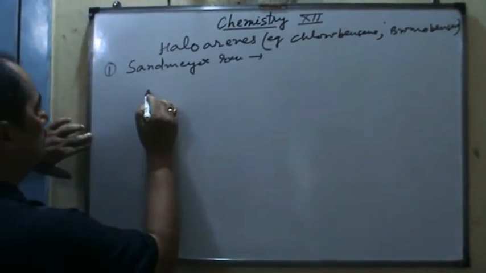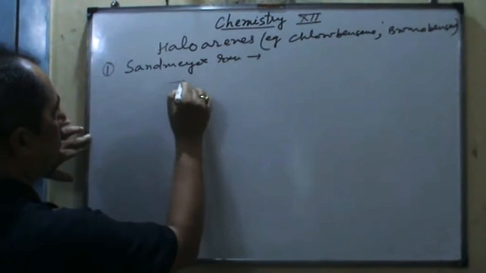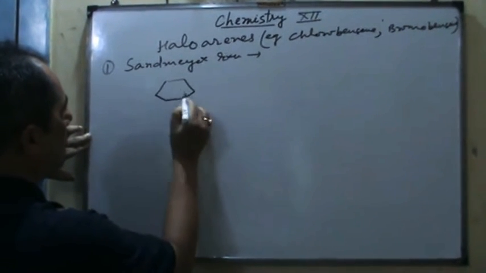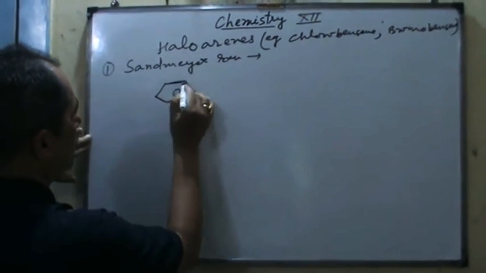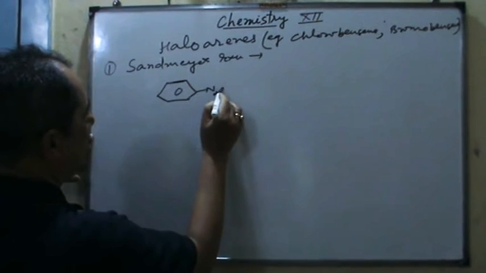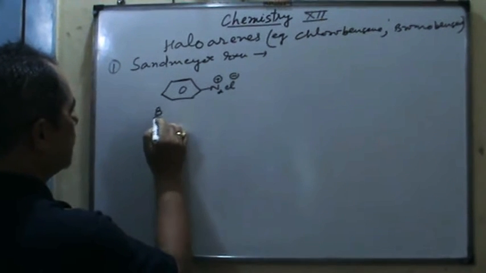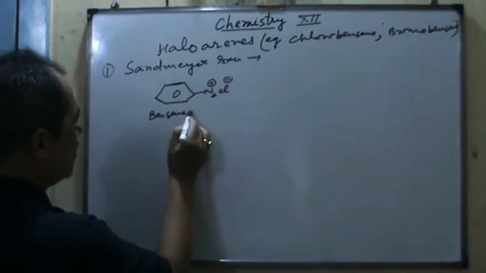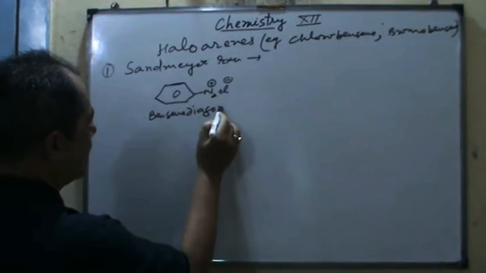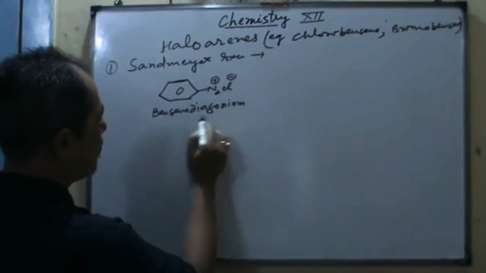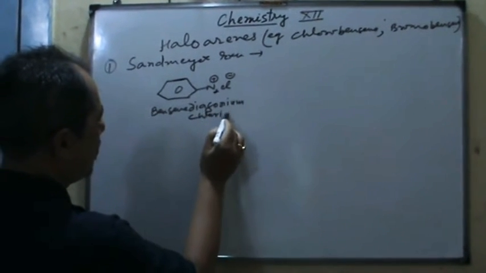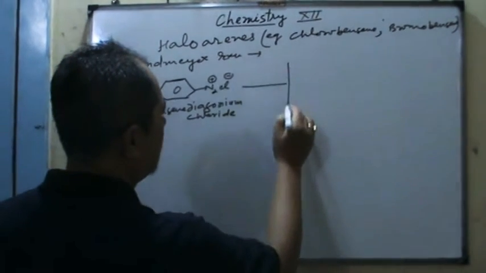So in this reaction we take benzene diazonium chloride. It is a salt. This is benzene diazonium chloride.